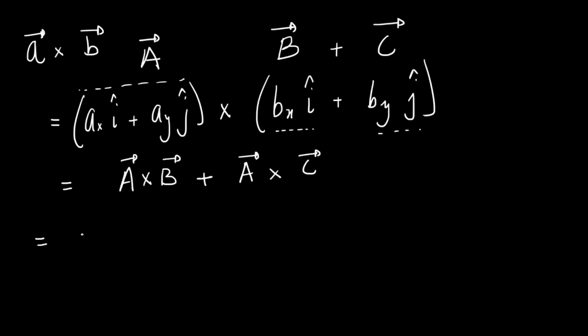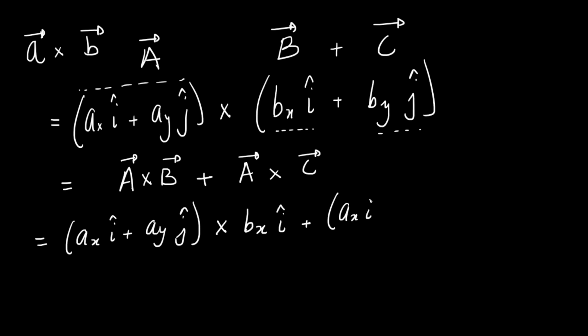And what this actually means is, this is AXi plus AYj cross BXi, plus AXi plus AYj cross BYj.